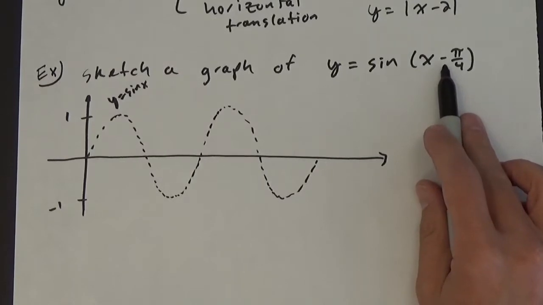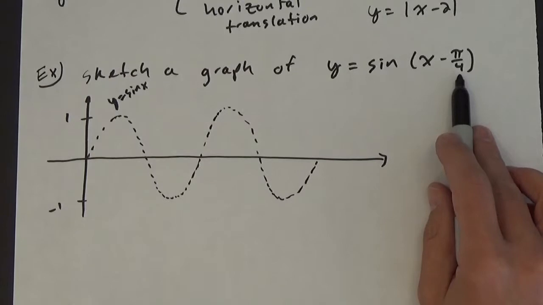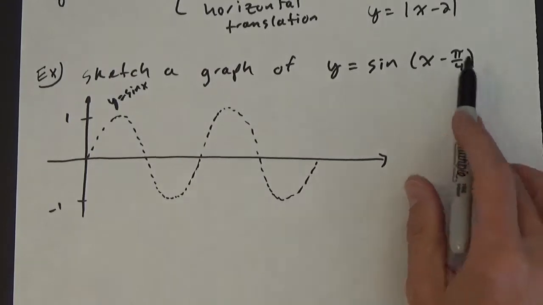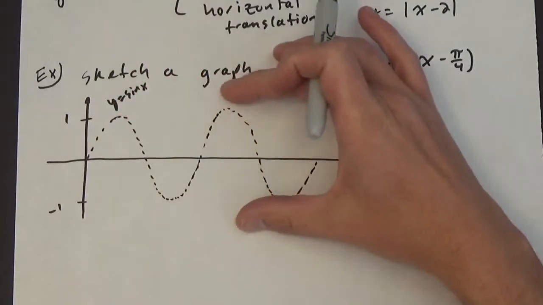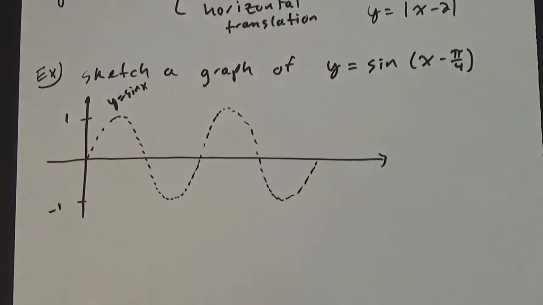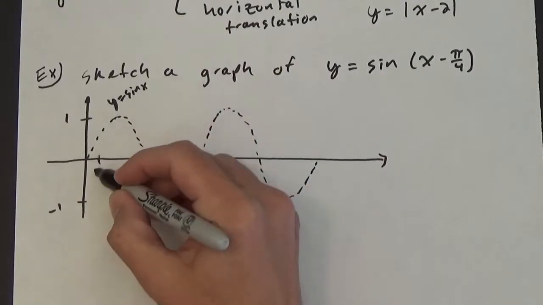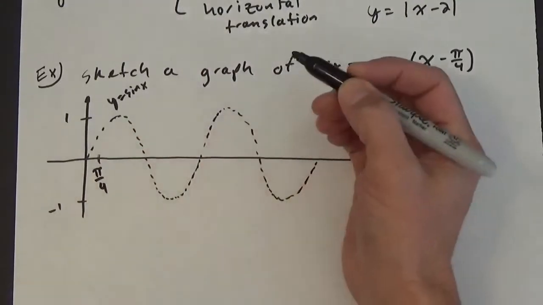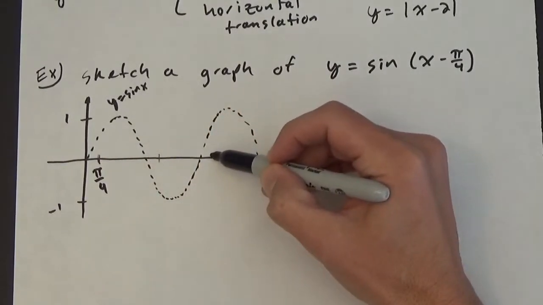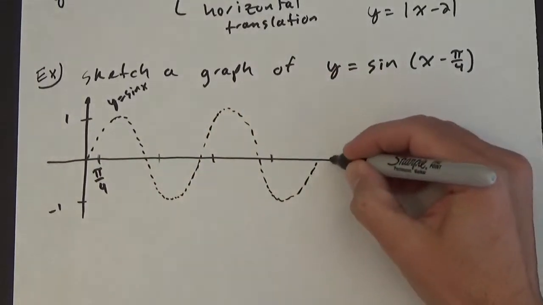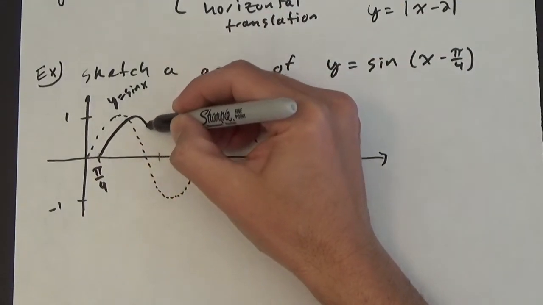Because it's a negative, we're going to shift it to the right pi over 4 units. So we take this whole graph and move it over pi over 4 units. The first part, instead of 0, is pi over 4, and it follows a little to the right of each one.